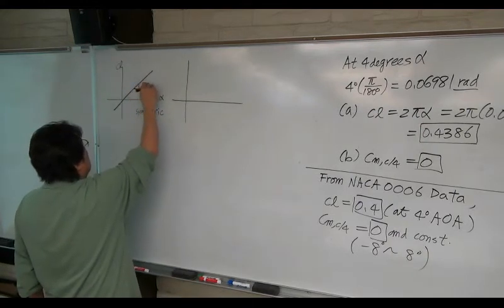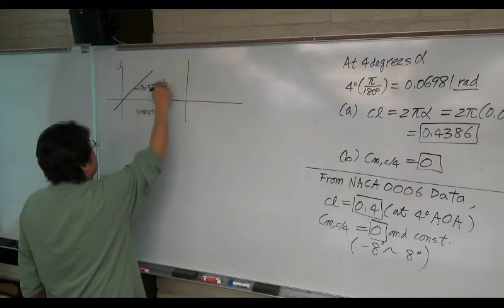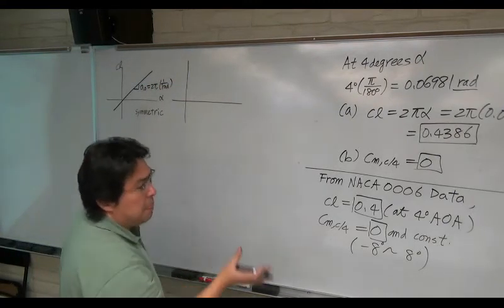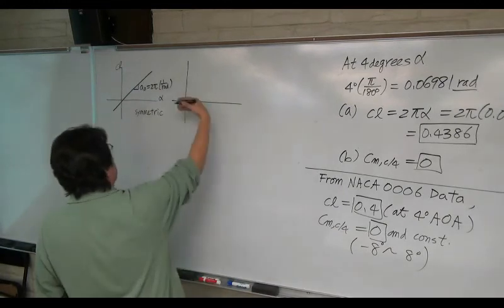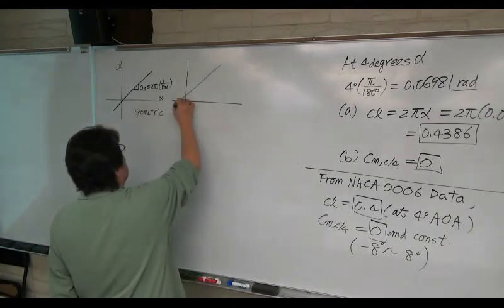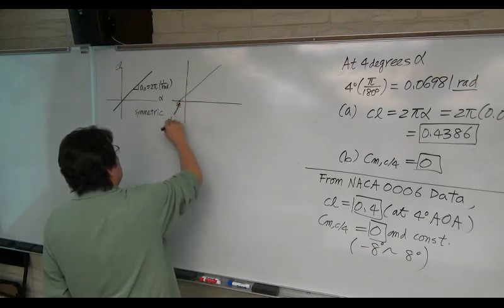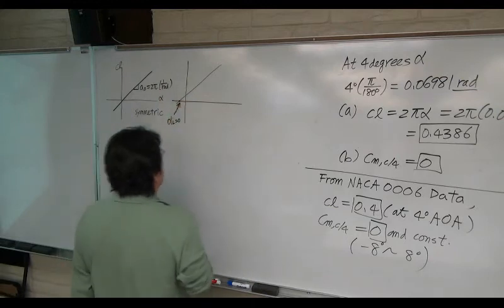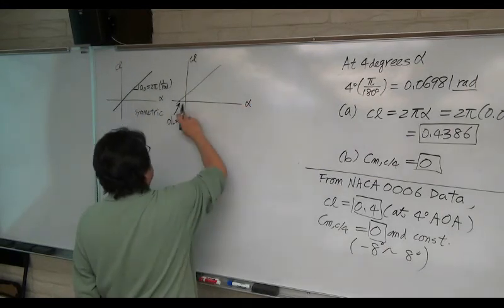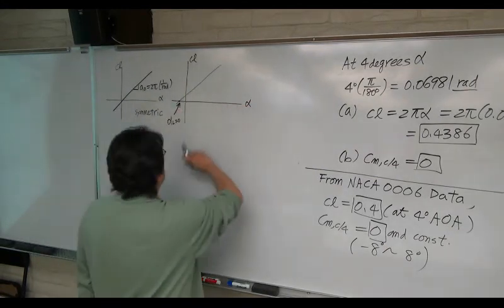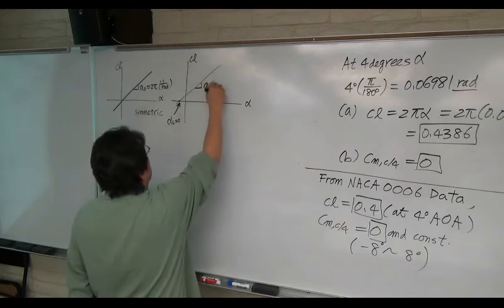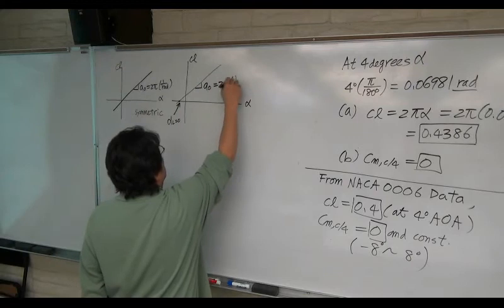The slope is a0, which is 2 pi already. If you add camber, assuming it's a positive camber, you're going to shift everything to the left. Then you are going to introduce the zero-lift angle of attack, alpha zero lift, typically a small negative value of alpha to generate zero lift. However, this same a0 can be applied. Is that right?